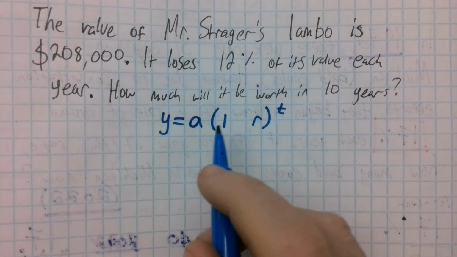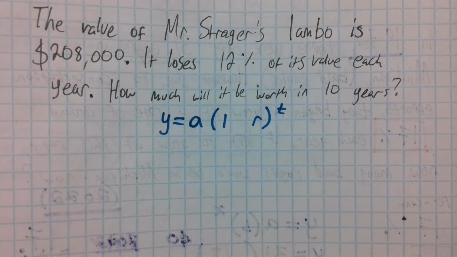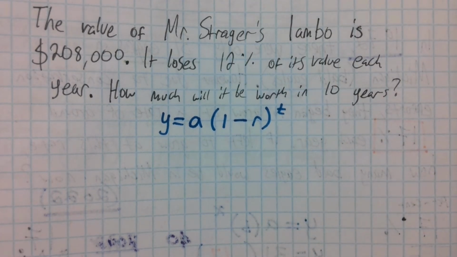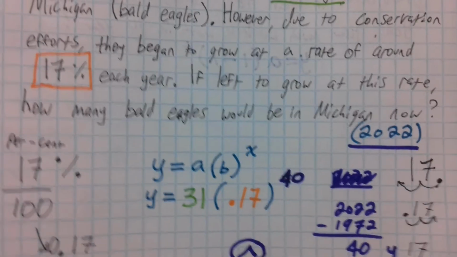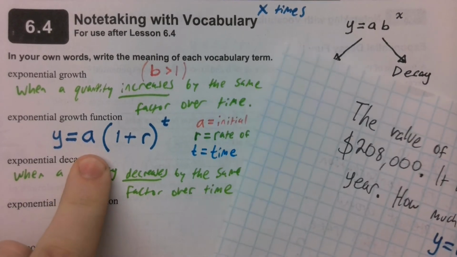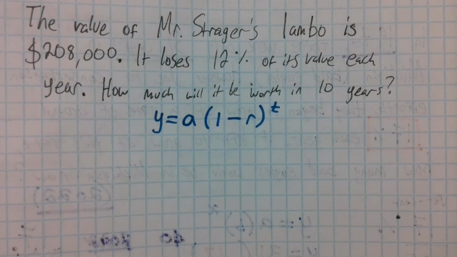So what can we do between this 1 and the r that would make sure our growth factor is less than 1, or in between 0 and 1, I should say? We can subtract. And this is the exponential decay function. Notice how slightly different it is from the exponential growth function. y equals a times 1 plus r to the t. y equals a times 1 minus r raised to the t.